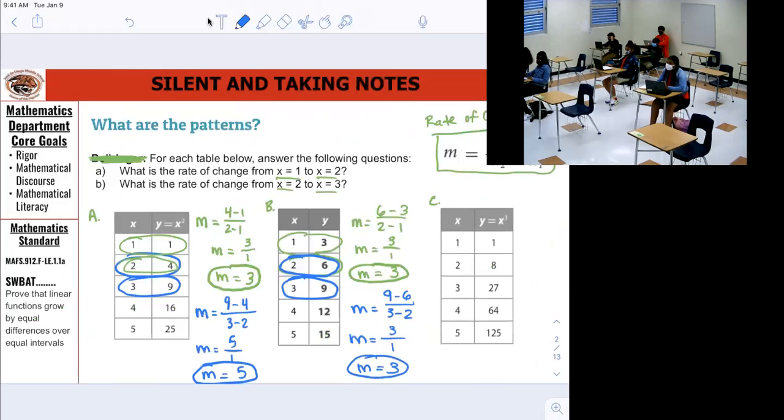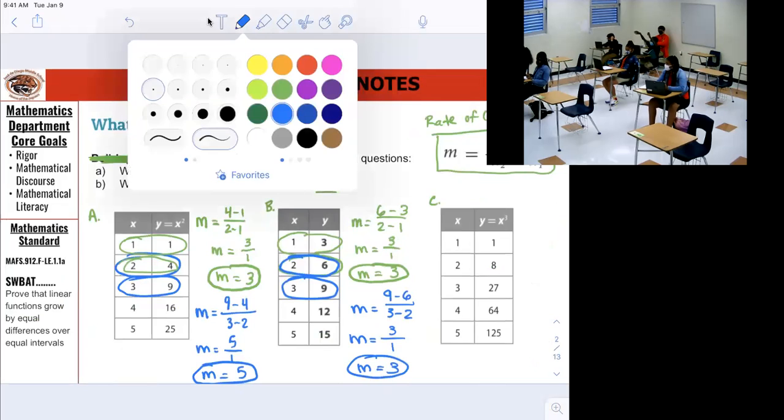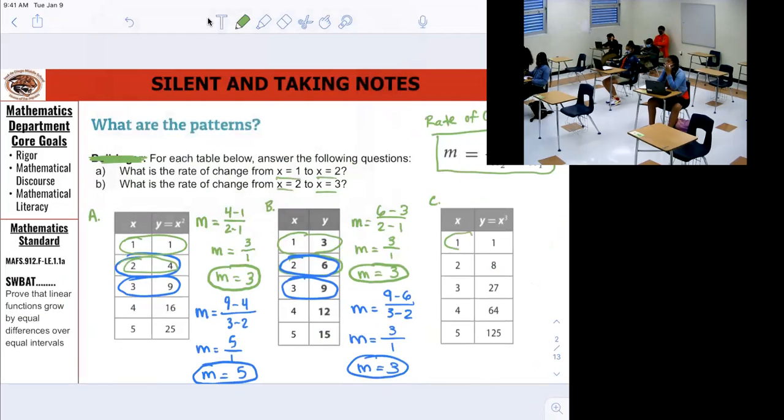And then for C, I'm doing the same thing. I just have different numbers. So my first 2 points, and I'm kind of running out of room. I hope I can fit everything, but I get 8 minus 1 over 2 minus 1. 8 minus 1 is 7. 2 minus 1 is 1. So I get m equals 7.